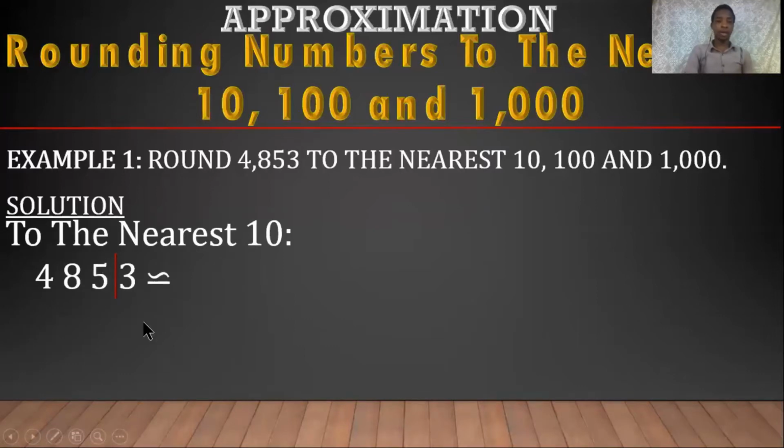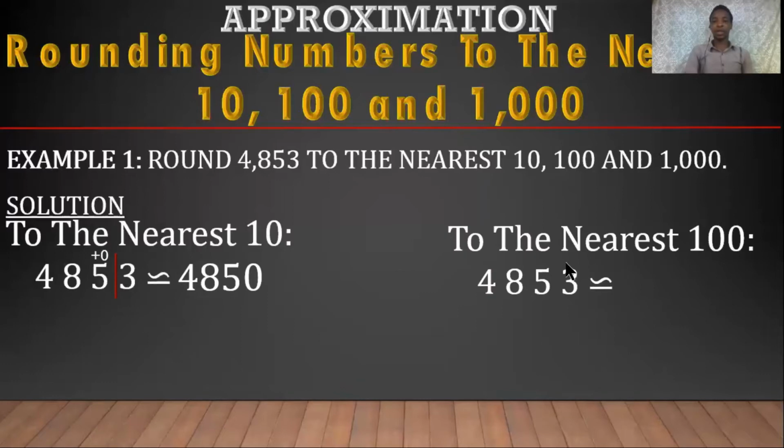So I'll be adding 0 to 5. My answer will be 4, 8, 5 plus 0 remains 5. Then the number to the right of the line will change to 0. I have just one 0 in this case. So my answer will be 4,850. Very simple.